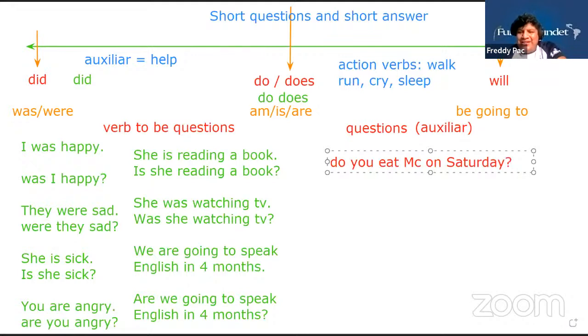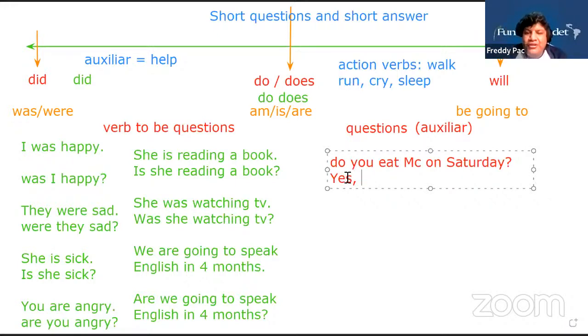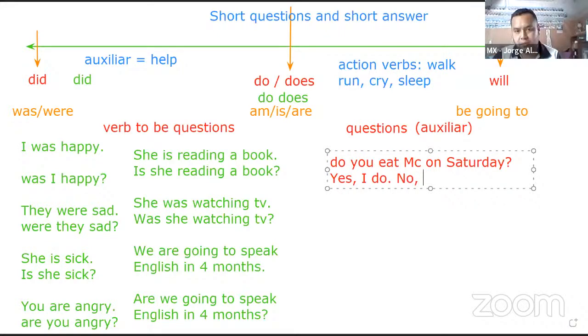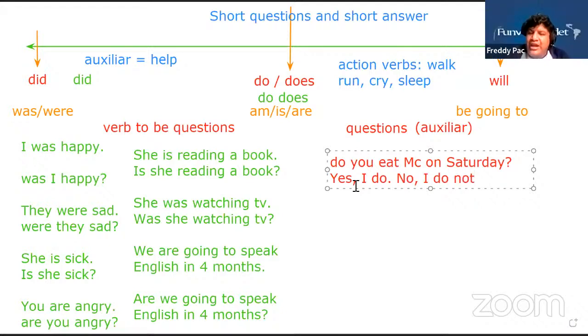So what is the short answer? What is the auxiliary that I'm using in my question? Do. Yes, I do. Or the negative? No, I don't. I do not, or the contraction, I don't, period.